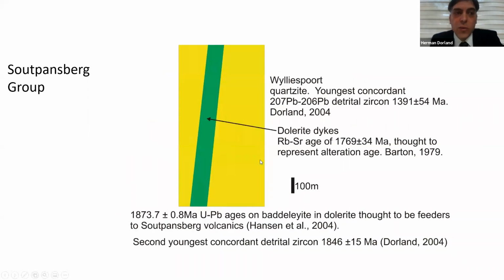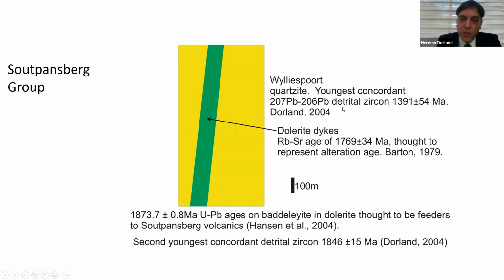This is from the Soutpansberg Group. This is the Waterberg quartzite being intruded by dolerite. The dolerite has been dated by rubidium-strontium to 1769 million years, but that was an early date, and a later date by Hanson et al. in 2004 by uranium-lead baddeleyite is about 1873 million years.